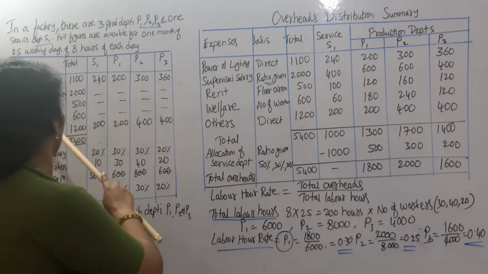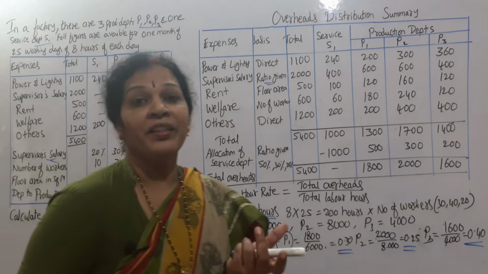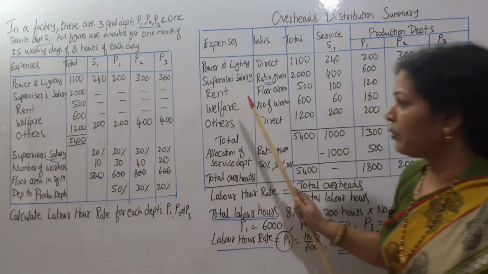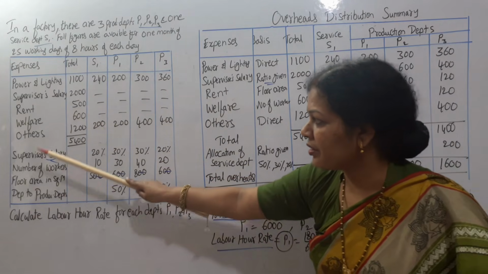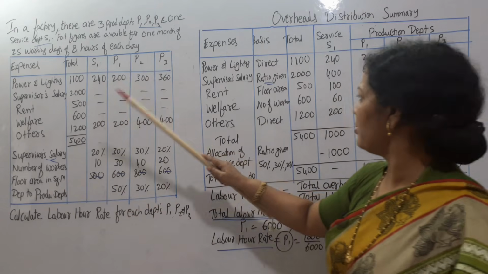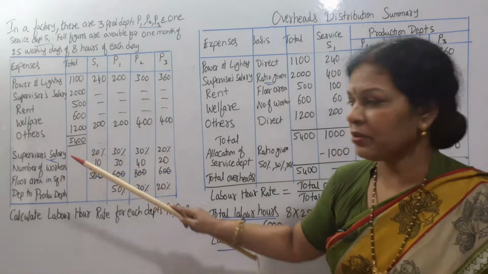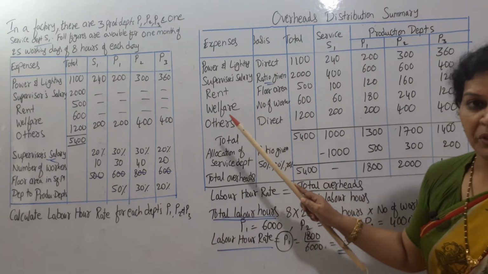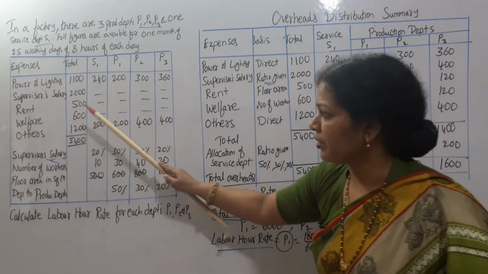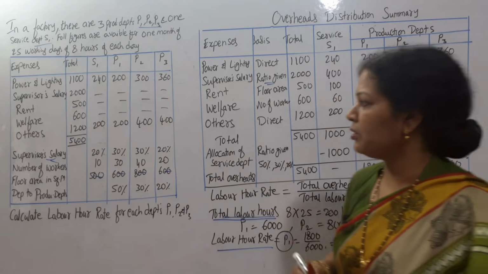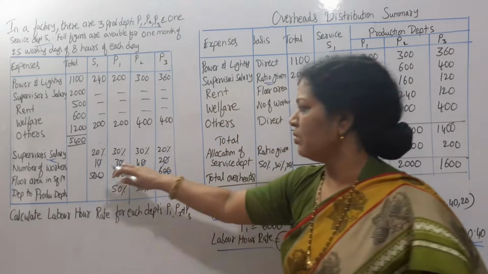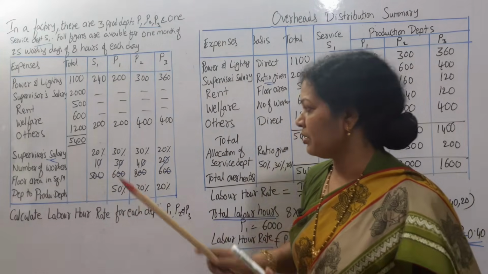After rent, we have welfare. Welfare is for the people, so it goes by number of workers. We are going to distribute the 600 based on the number of workers, because welfare is for the workers only. Total welfare is 600, and the number of workers are 10, 20, 10, 30, so you can take 1:3:4:2.